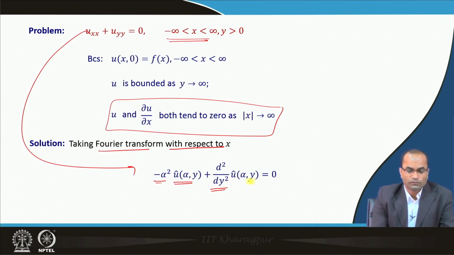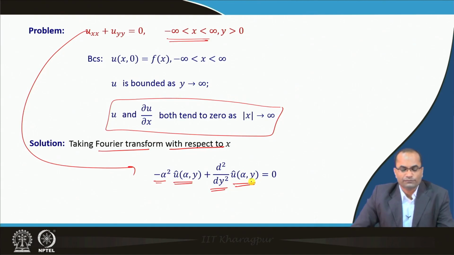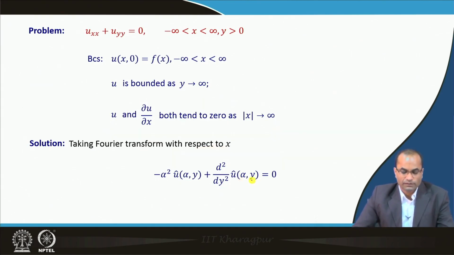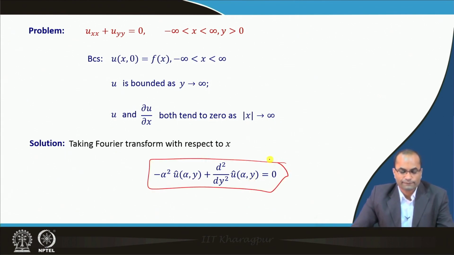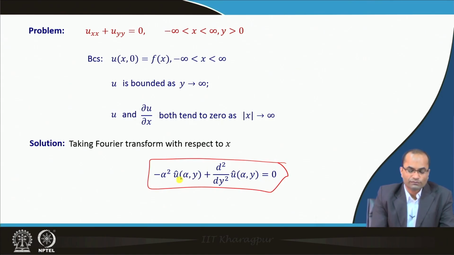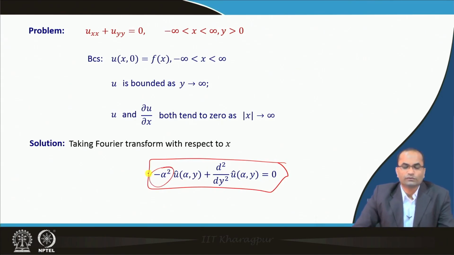Here we have d2 over dy square of the Fourier transform of u with respect to x.